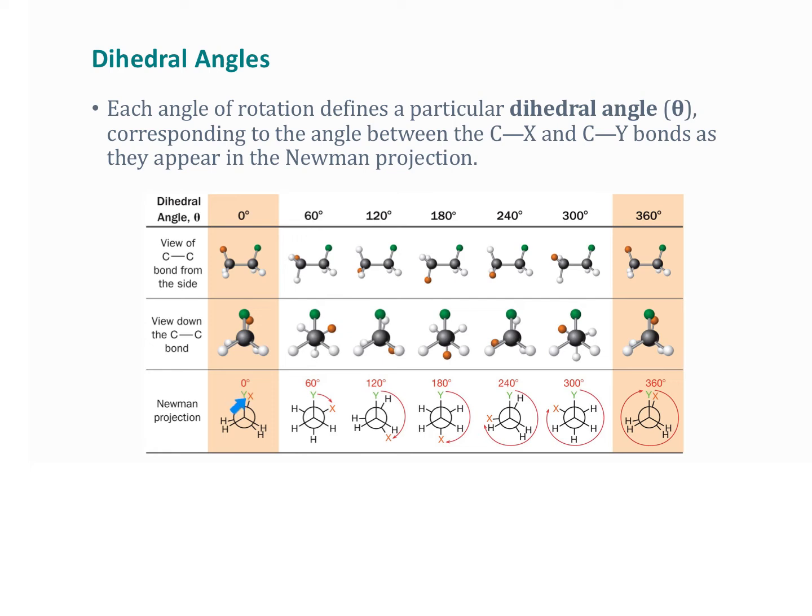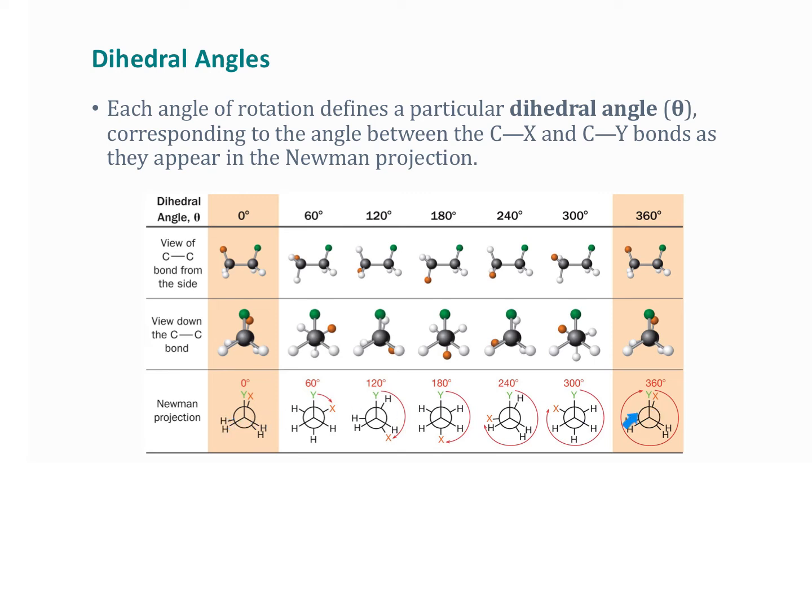What we're looking at here is this Y and this X. We are going to keep the Y stationary and rotate the X. If we rotate over one time, this relationship is 60 degrees. If we rotate over two times, it's going to be 120. If they're opposite, 180. Then 240, 300, and then 360, and we're back where we began.